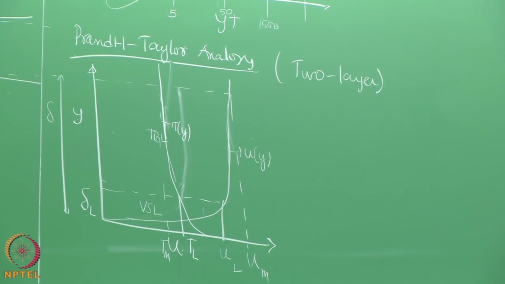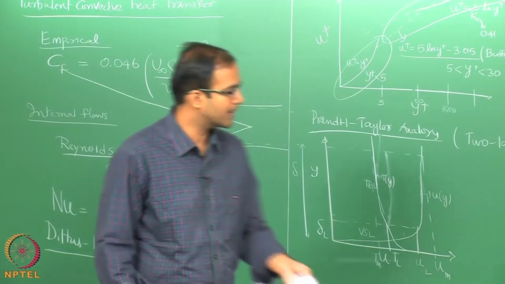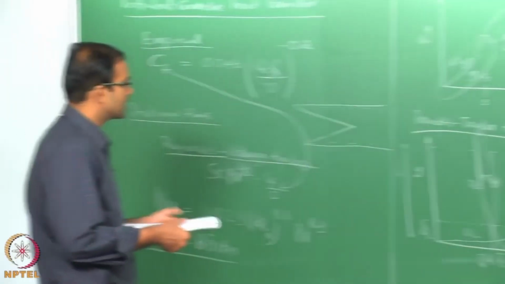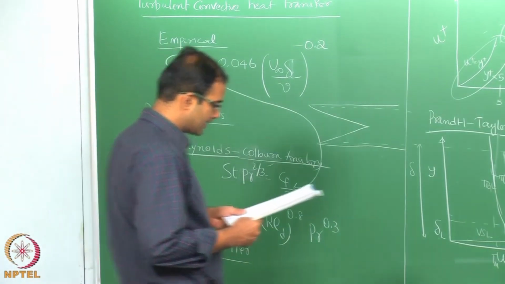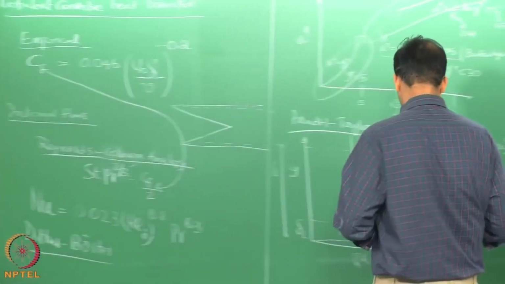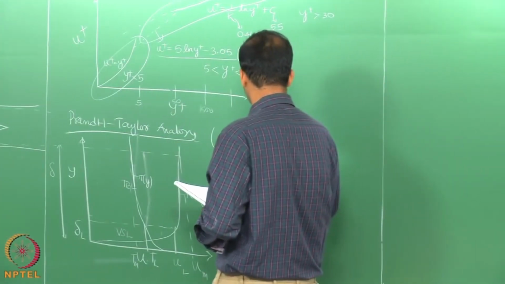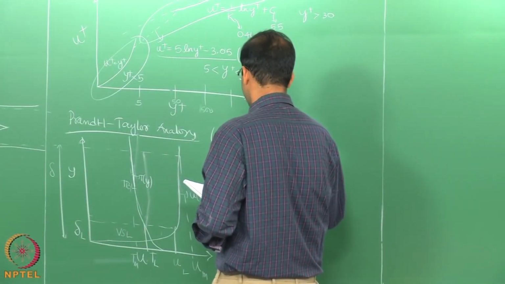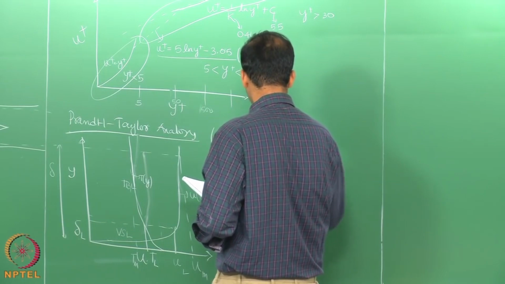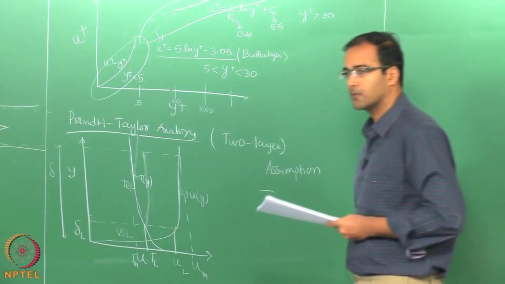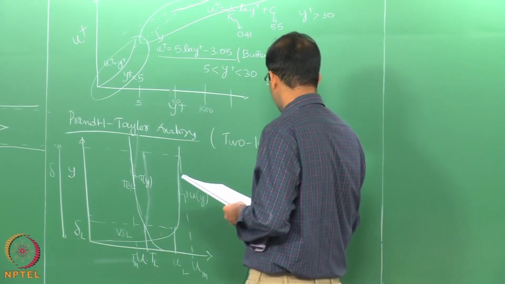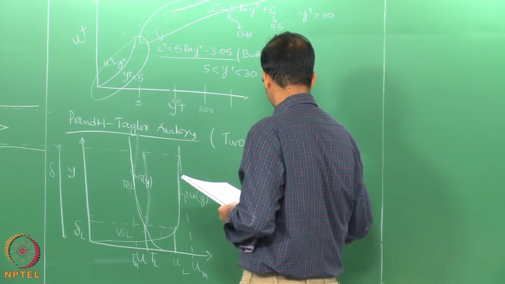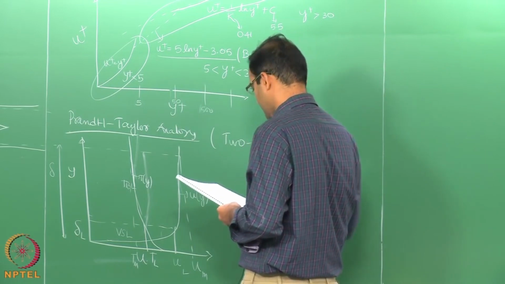So, this is the picture of a two layer model which was used by Prandtl to derive the two layer analogy. Naturally, the assumption here is that we are picturing the entire turbulent boundary layer as divided into two layers: one is the viscous sublayer near the wall, and we have the turbulent boundary layer outside.